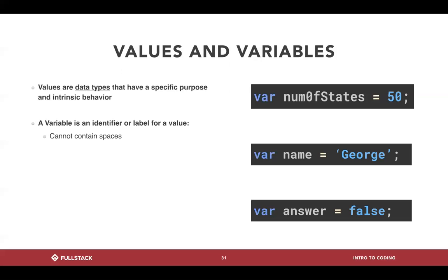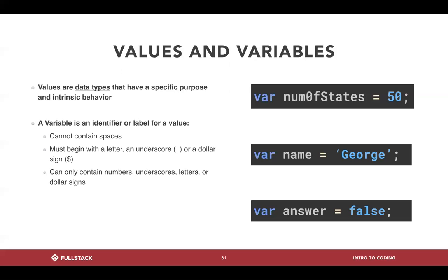A variable cannot contain spaces. It has to be all one word. It must begin with a letter, an underscore, or a dollar sign, and it can only contain numbers, underscores, letters, or dollar signs. It's case sensitive, so capital N num of states is a different variable than lowercase n num of states. And it cannot be a reserved keyword. For instance, return is a reserved keyword.